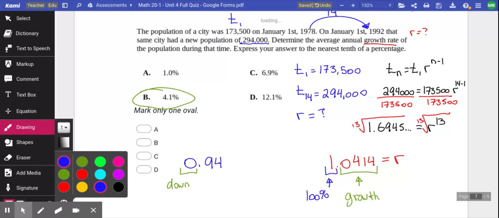And then I have to figure out how much it's going down. In this case, to go from 100 to 94 would be subtract 6%. So this rate would be 6% going down, like depreciating or declining. So you can have growth rates and shrinking rates, declining rates. You're getting smaller. That's tricky, I know.